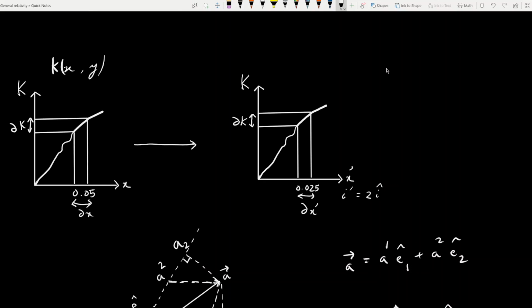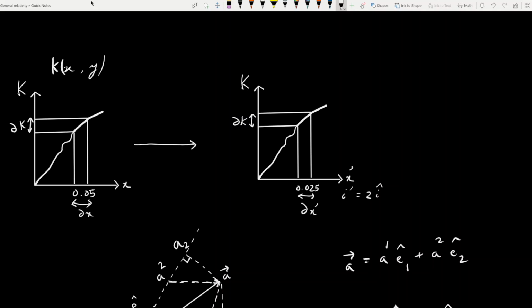Right, so let's look at the gradient vector. Now if you are unfamiliar with the gradient vector, I would suggest you look into vector calculus first, and then look at these videos.